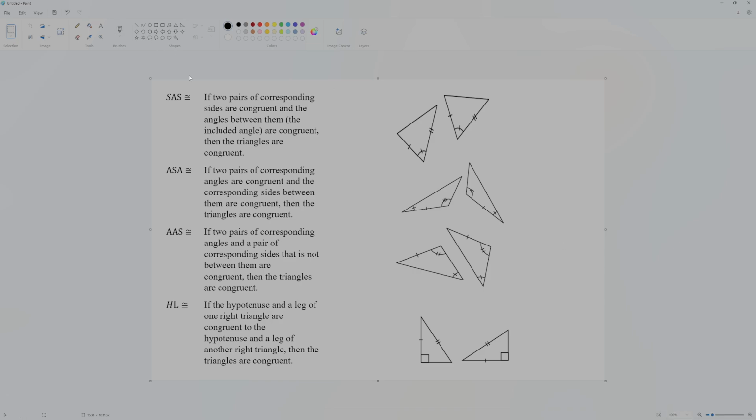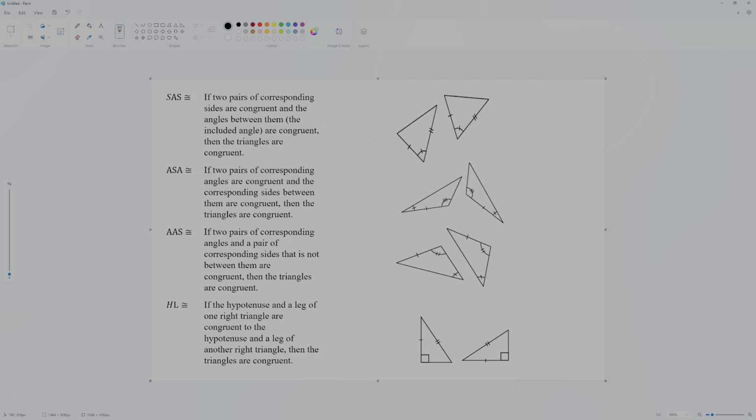So when we do this, SAS, okay, it's called SAS because you have a side, an included angle, and a side. The important thing is the angle has to be made up of the two sides that are marked congruent.